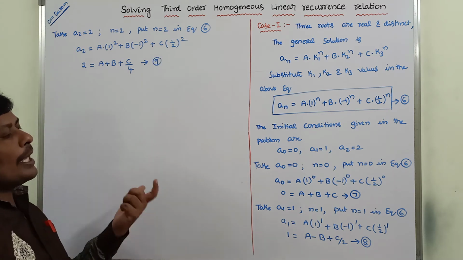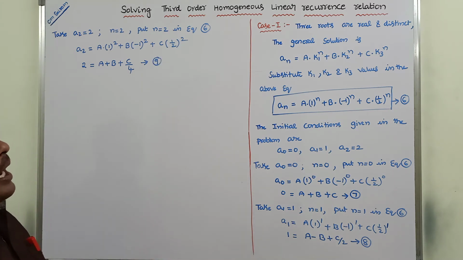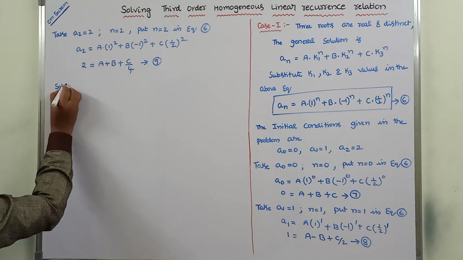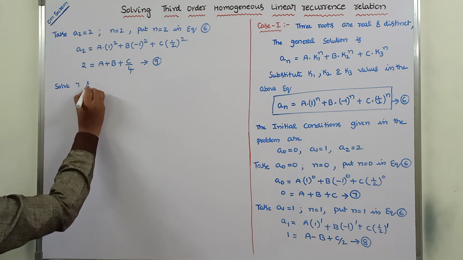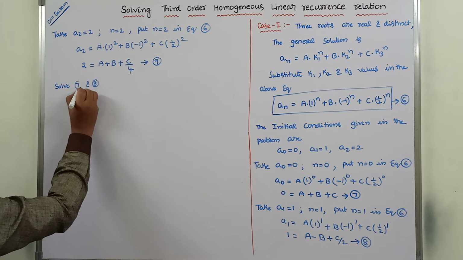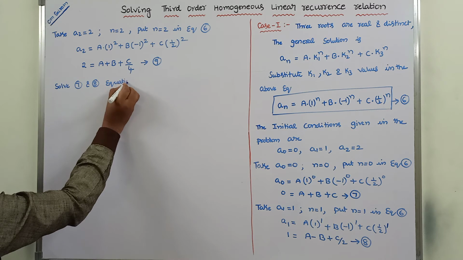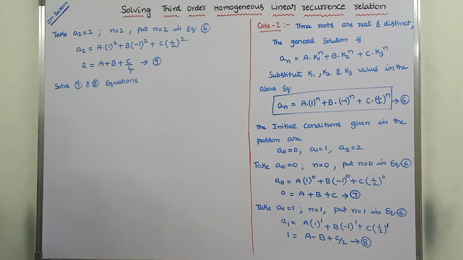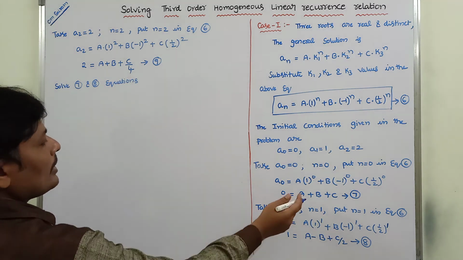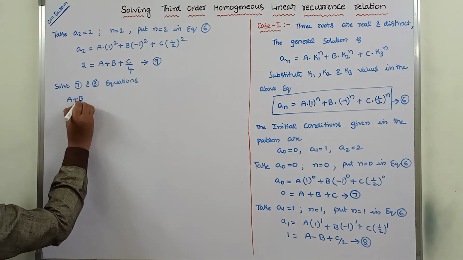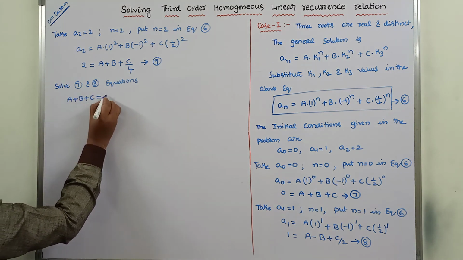Okay, so now we are solving equations 7, 8 and 9. So first we are solving 7 and 8. So solve 7 and 8 equations. Okay. So here, first, the 7th equation is A plus B plus C is equal to 0.